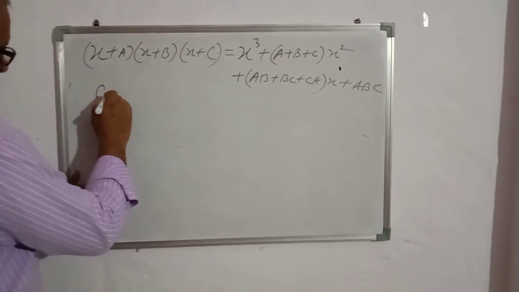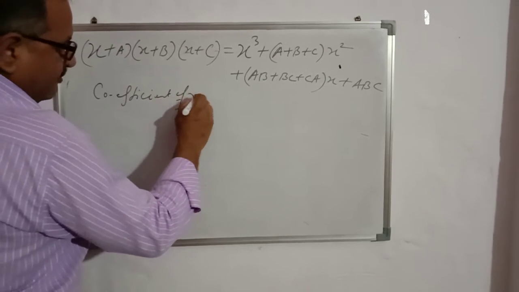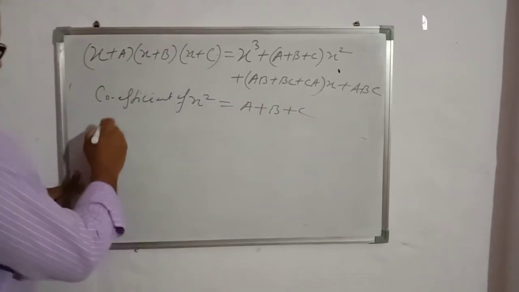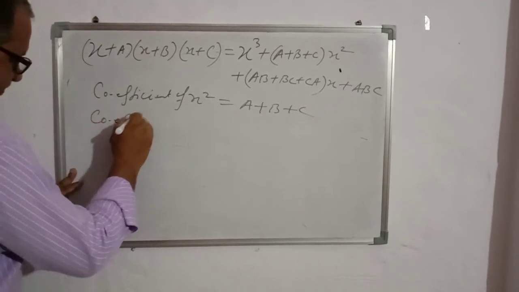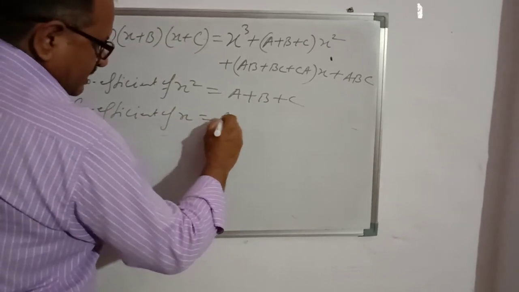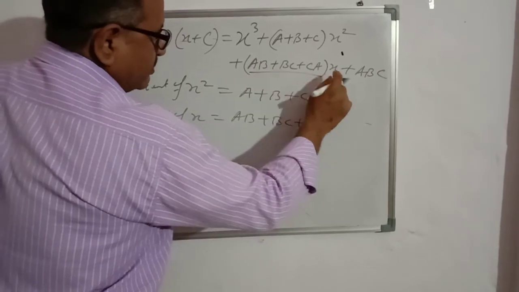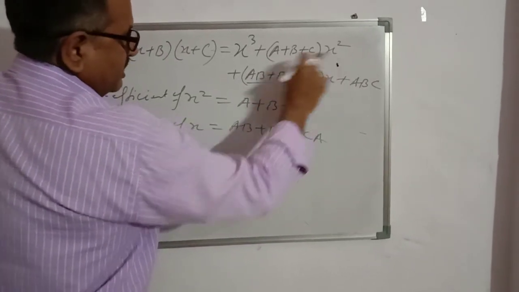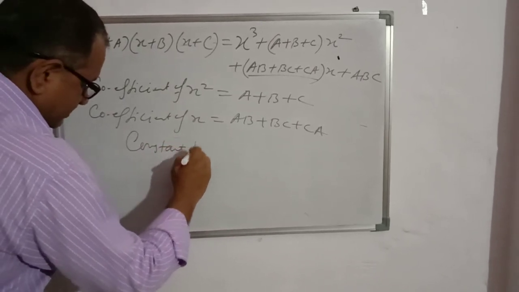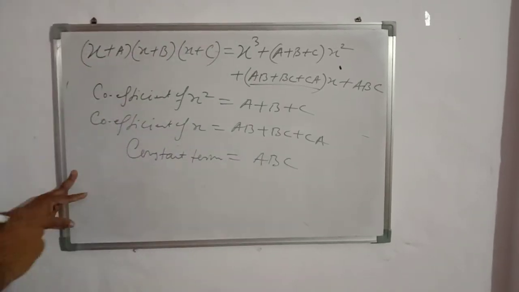We can write here coefficient of x square is a plus b plus c, and coefficient of x is ab plus bc plus ca. This is the coefficient of x, this one is the coefficient of x square. And constant term is a into b into c.